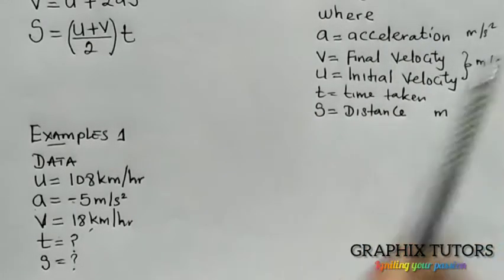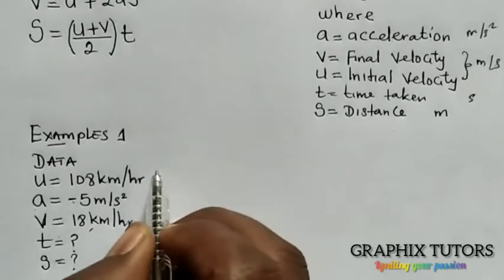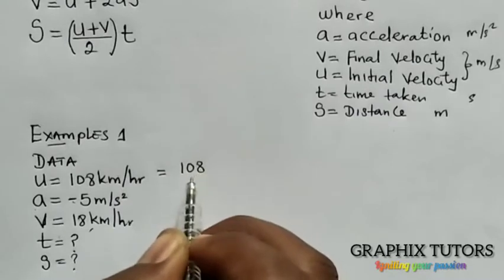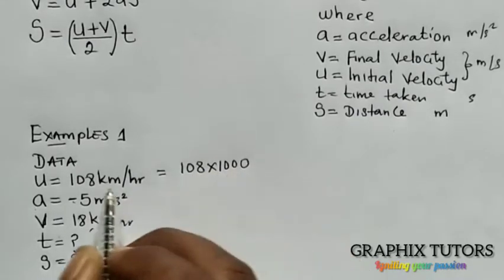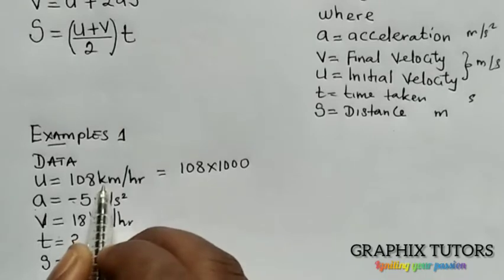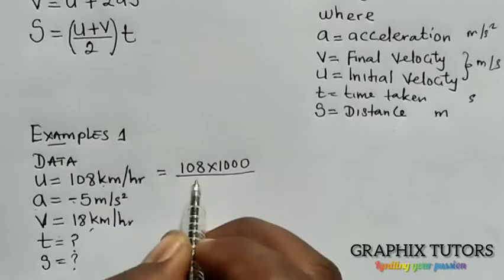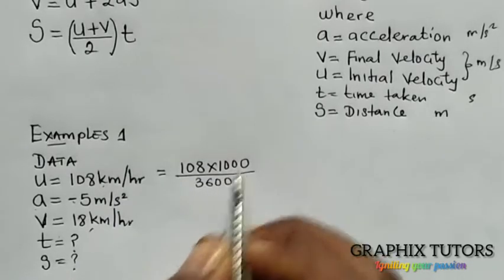So from here, what will actually happen is that velocity is in what? Meter per second. So you need to convert these two to meter per second. How will you do that? You are going to say 108 times 1000. Why are we using 1000? The word kilo means 1000. All over hour, which means 3600 seconds, because we want meter per second.